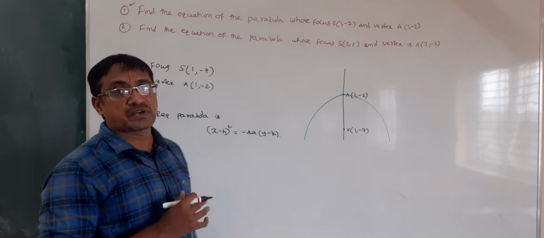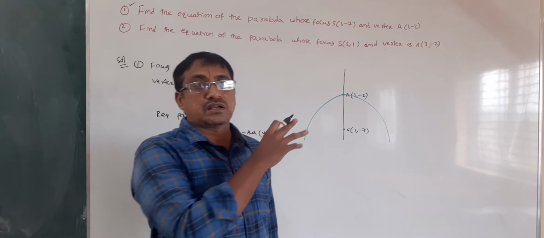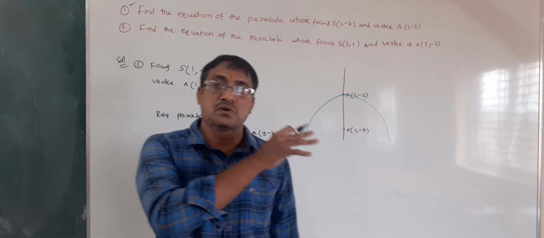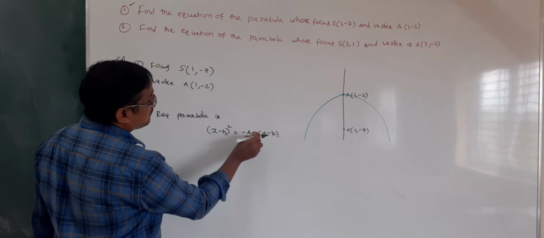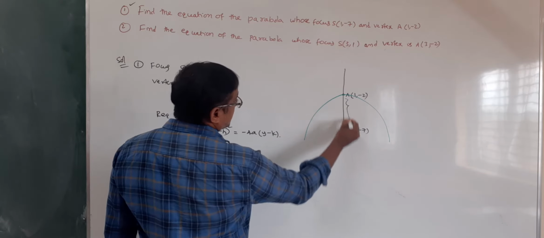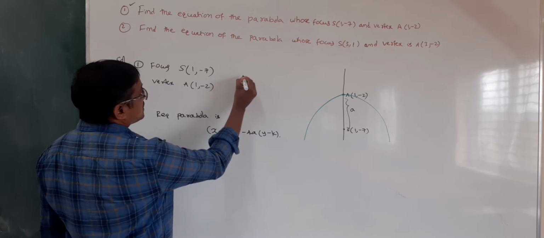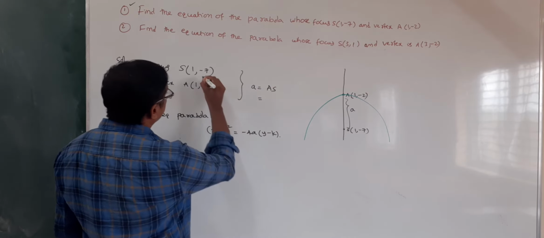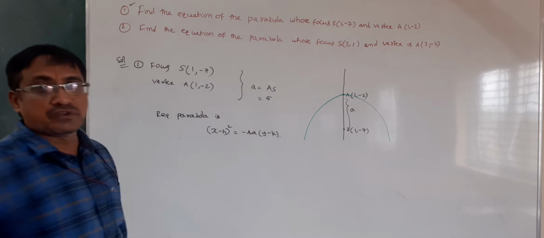This is the required parabola because its axis is parallel to the y-axis and it opens downwards. Now here in 4a, you need to find the value of a. And a is the distance between vertex and focus. The distance between vertex and focus, small a, is equal to AS, that will be 7 minus 2, it will be 5 units.